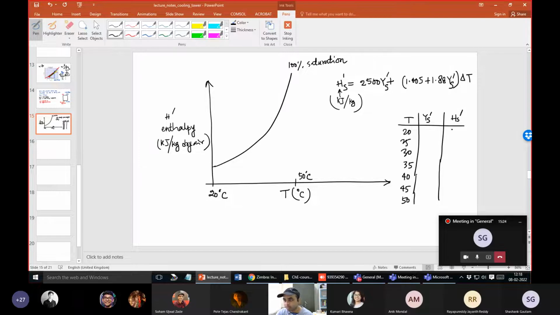I will help you in tabulating these values. Based on these values, you can draw the saturation curve or the equilibrium curve.